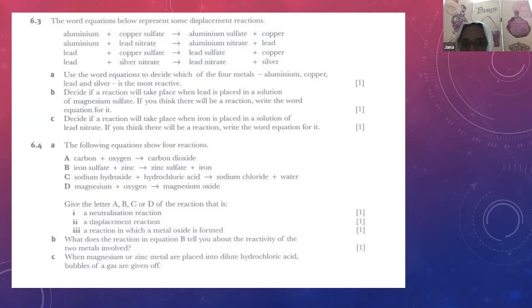Miss, what's the difference between displacement reaction and neutralization reaction? Okay. Neutralization reaction is mainly a reaction between acid and alkali, or acid and base.